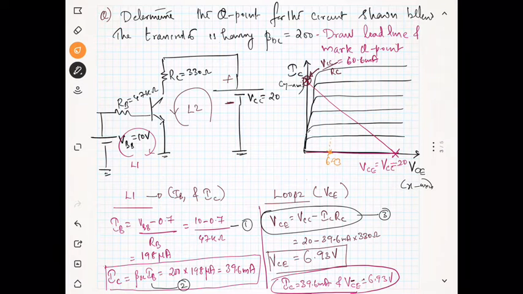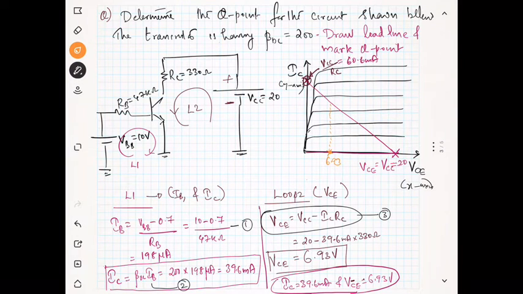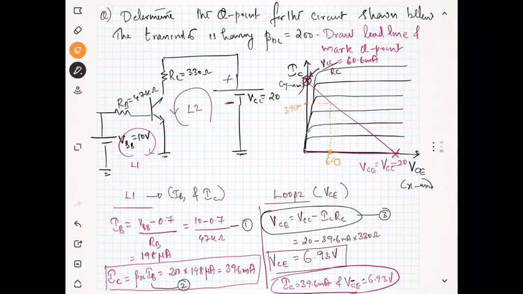And you can draw the line, and it will be meeting here, and you will be getting the corresponding current, and the corresponding current is 39.6 milliampere. So this is your Q point. That means Q point is 6.93 volt and 39.6 milliampere. Okay, I hope that this is clear.